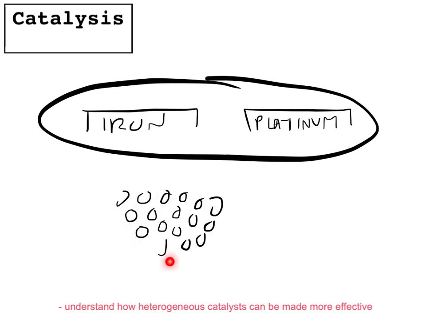So if you break up the iron or break up the platinum, then you will increase the number of active sites. You can either do this by turning the catalyst into a powder, or at least breaking it down, or you can put the catalyst on a ceramic zeolite structure, which also, if it has a honeycomb structure, will increase the surface area of the catalyst.